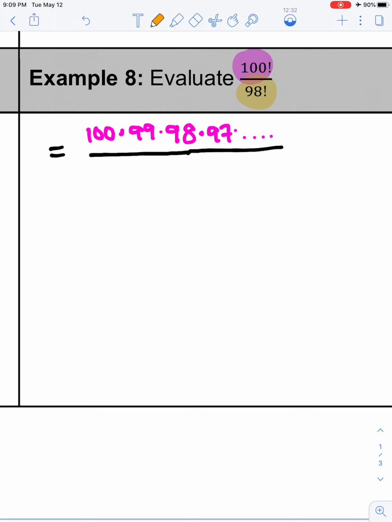So 98 factorial is 98 times 97 times, and I'm going to mirror what I have in the numerator, continuing that in my head saying dot, dot, dot. I know that that's going to be 96 times 95 times 94, so on and so forth.